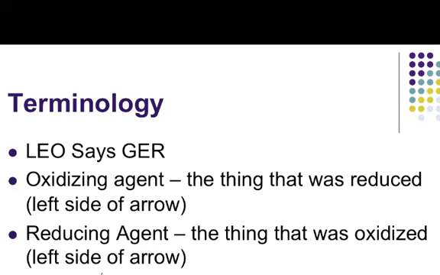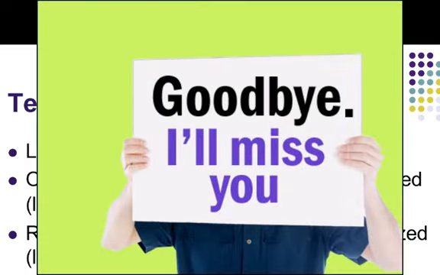The reducing agent is the thing that gave the electrons away in the first place. So it was the thing that was oxidized. All right? I know it's kind of confusing, but you will get used to it. The thing that was reduced is the oxidizing agent. The thing that was oxidized is the reducing agent. And that'll do it for podcast 4.1. See ya.